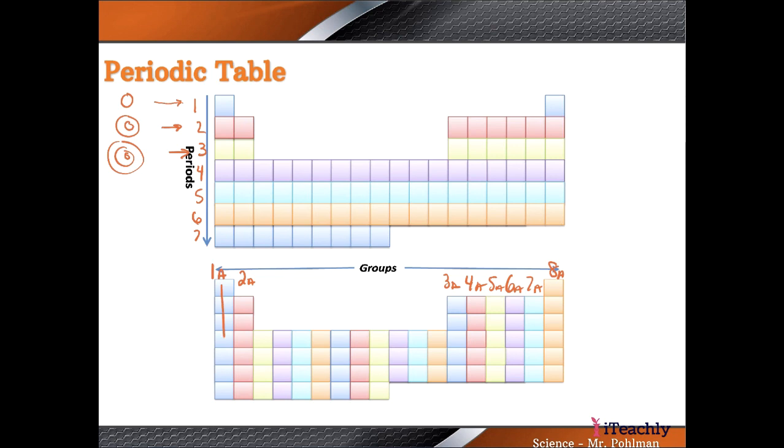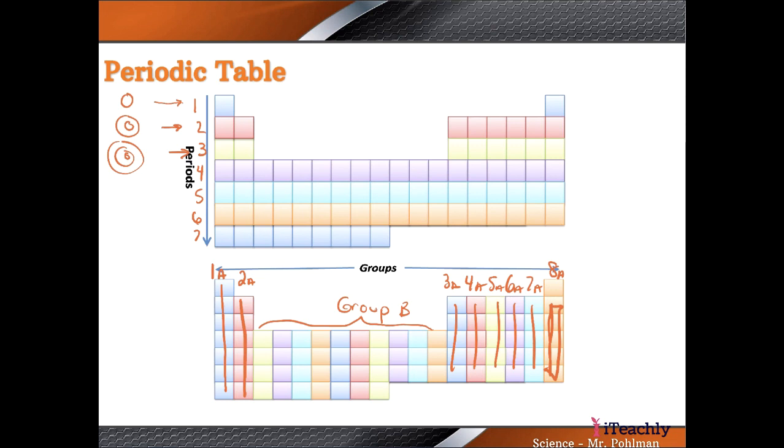Like these guys right here, they all have one valence electron. These have 2, 3, 4, 5, 6, 7, and then these right here have 8 valence electrons. Now, if those are the group A elements, all of these right here would be the group B elements. And there are different rules that apply to that, and you should remember that from when we were doing the electron configurations.